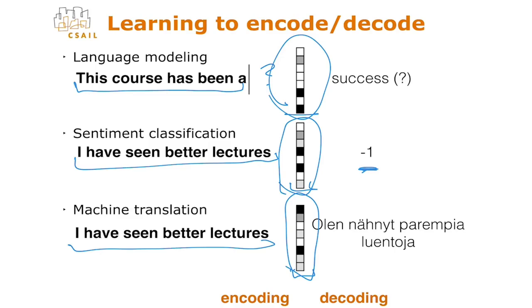Now, we will separate encoding, which is turning the observed sequence into a vector, and decoding, which is turning that vector into a prediction that we want to make. In the case that the prediction is itself a sequence, we also need a summarization in that part, and we will talk about language modeling later on.